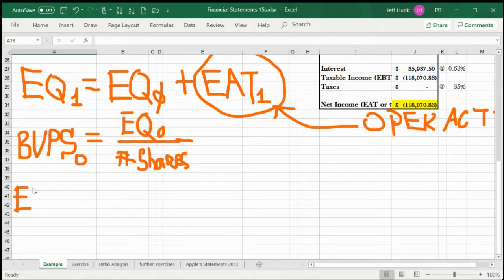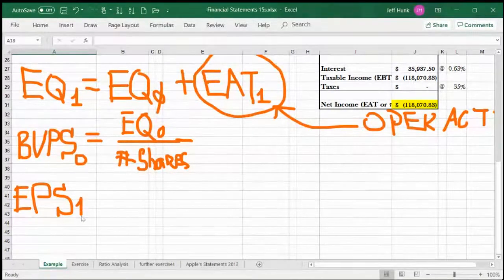So actually, profit per share has another name. It's called earnings per share. Okay, but at which point in time? Of course, we have earnings after taxes at time one.